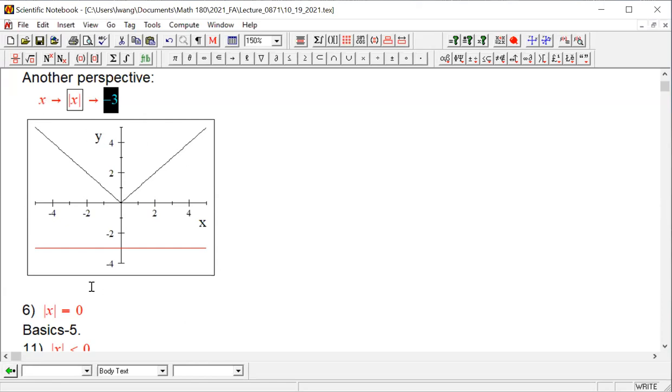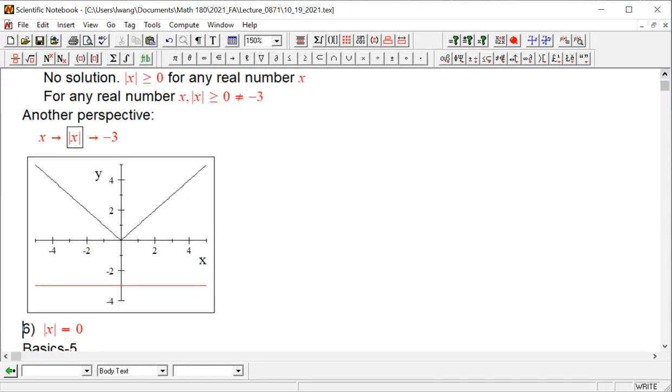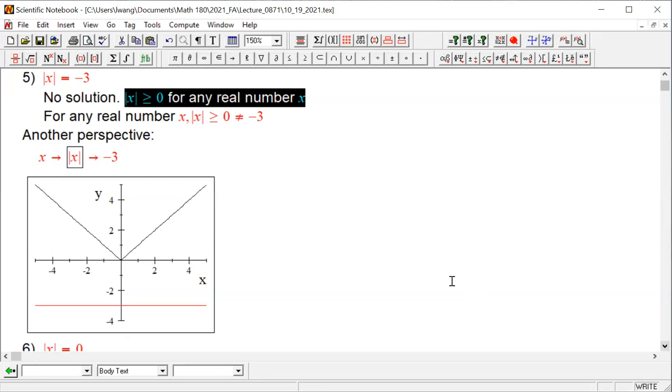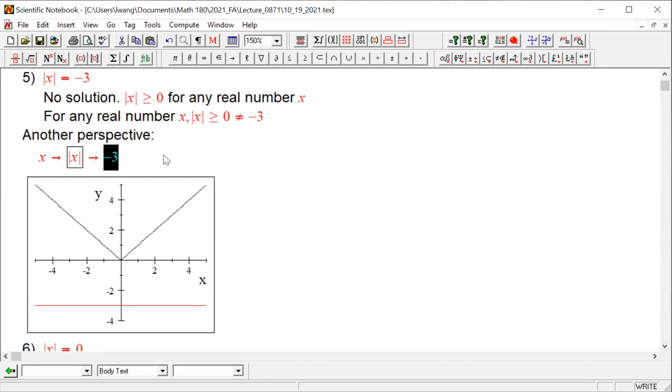Do you guys follow me? Professor, if you look at -3 as the output also, then it might help us. Yes, -3 is the output. There's no input that will guarantee a -3 output, is that right?